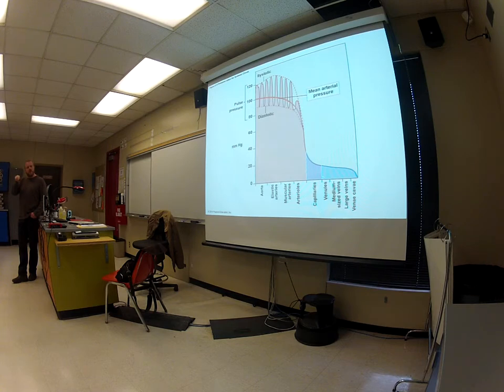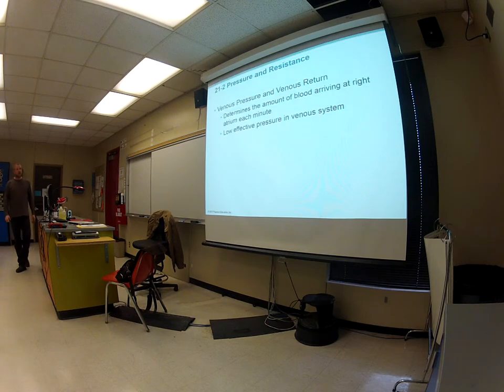Notice that from arterioles to capillaries, a massive drop off of pressure right here. That's because you're going from a solid hose to a leaky hose. So solid to solid, you're going to retain some of the pressure. But solid to leaky, it's going to drop off and it's done.